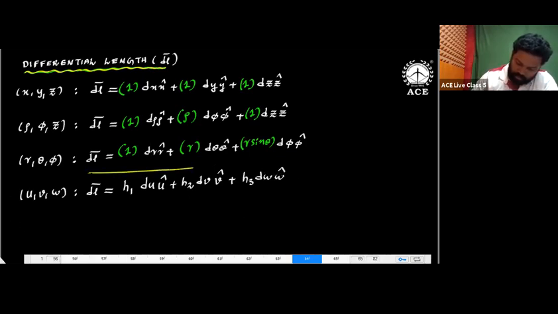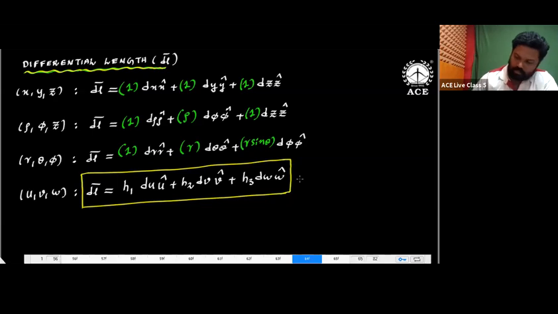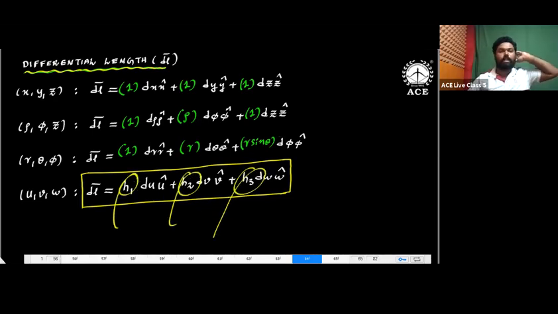This is the standard form. Okay. So what are the scaling factors here? h1, h2, h3 are called scaling factors.